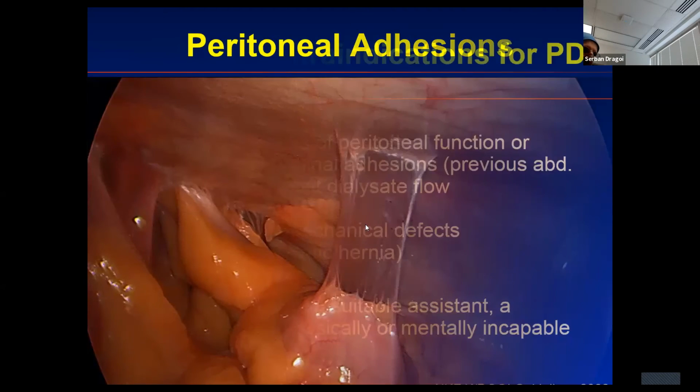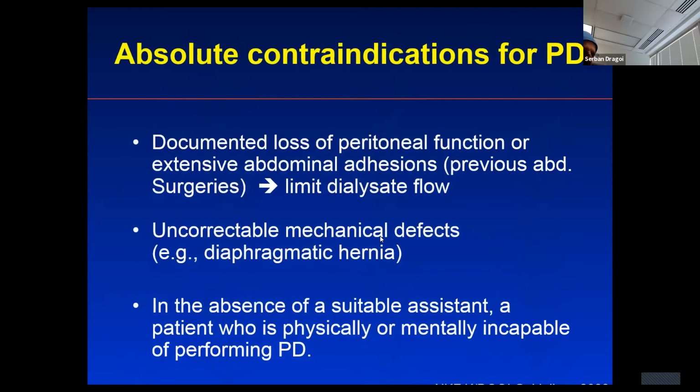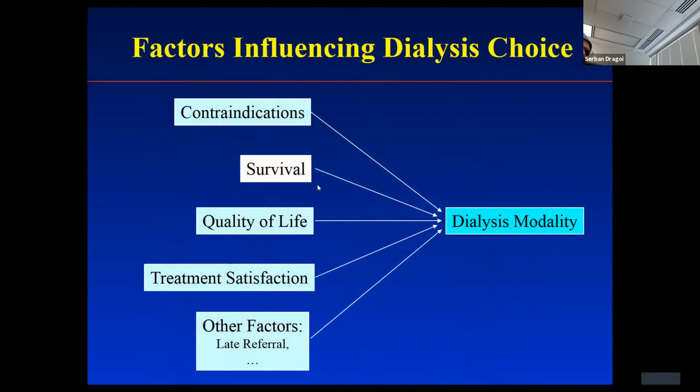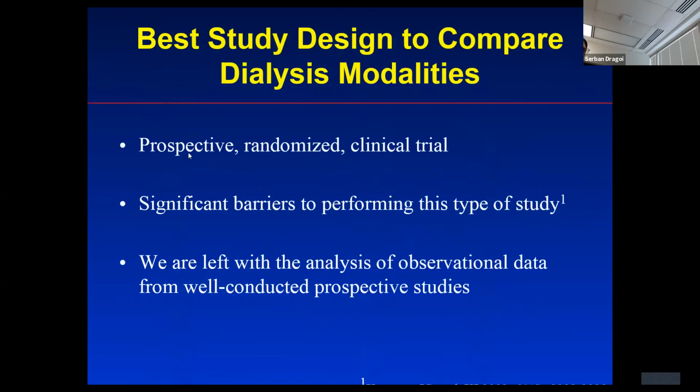So I wanted to mention that there are uncorrectable mechanical defects such as diaphragmatic hernia. Mention that there are persons physically or mentally incapable of performing PD, so we have to be really aware of that. So survival, and it is important to say that there is no prospective randomized clinical trial that shows a survival benefit for PD versus HD or the other way.